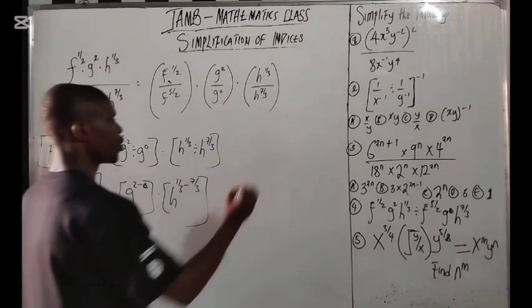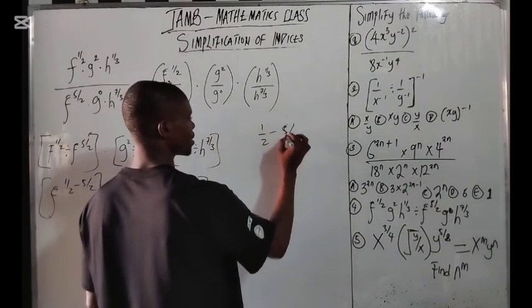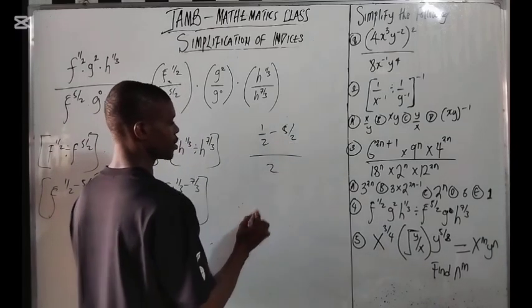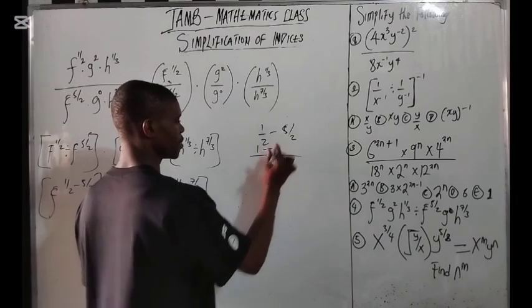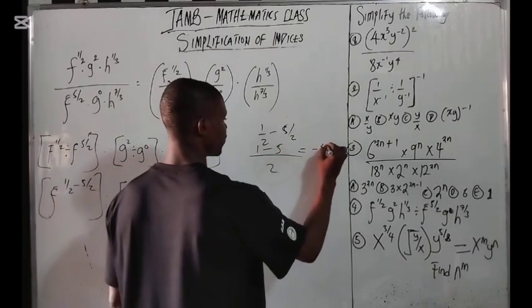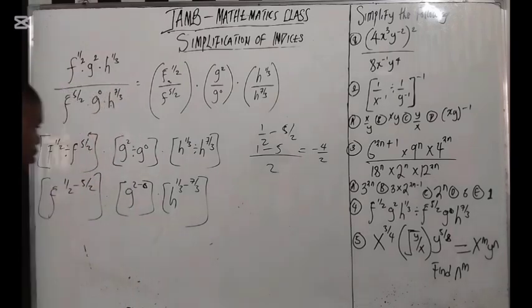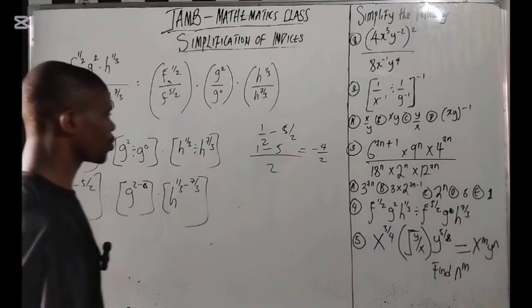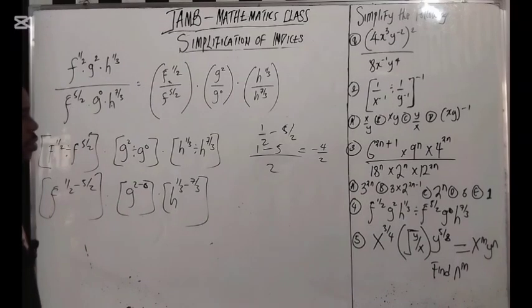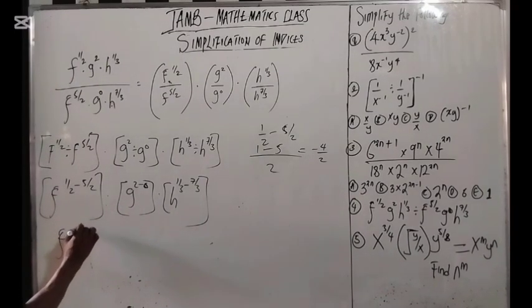When you have something like this, 1/2 minus 5/2, here we have 2 going to 2, 1. 1 minus 5 is minus 4. So you have minus 4/2. So we have F(minus 4/2).